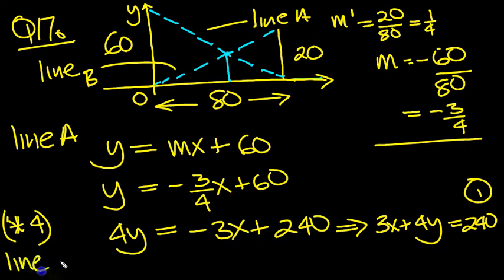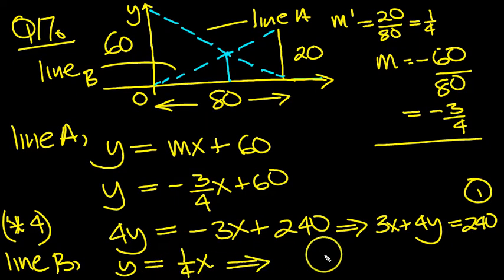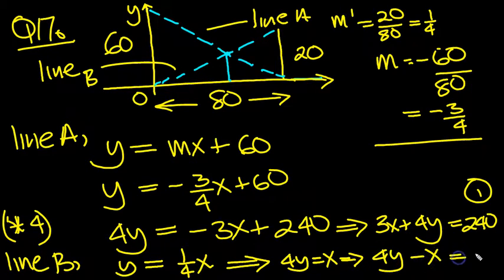Line B, then what have we got here? We've got y equals the gradient, a quarter x, plus c, which is 0. So basically that implies then that 4y will equal x, and that implies 4y minus x then equals 0, and that's equation 2.